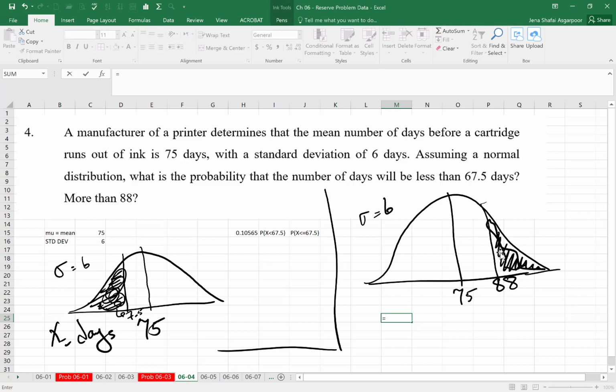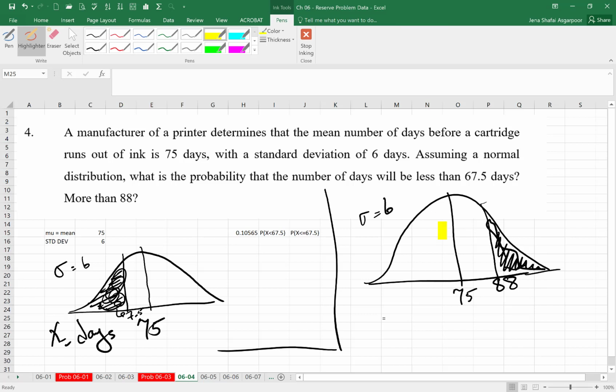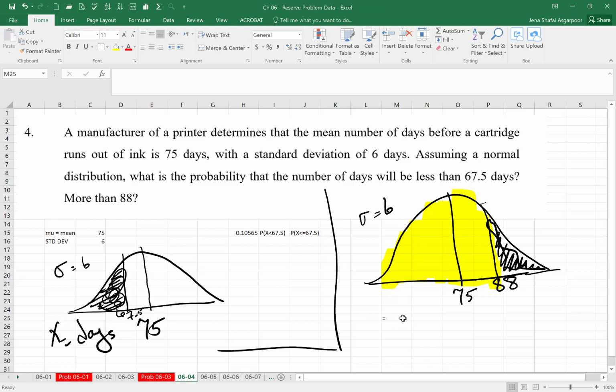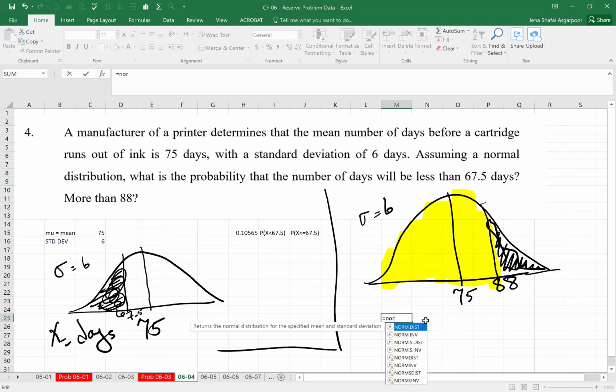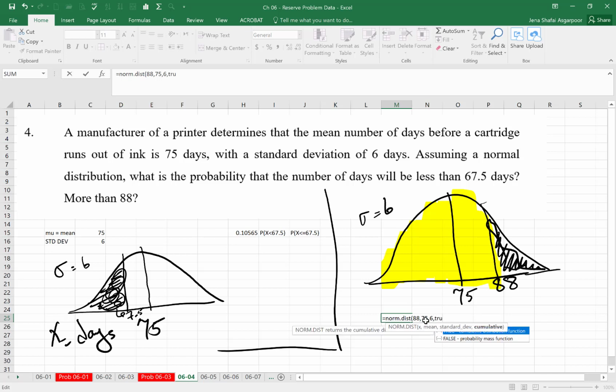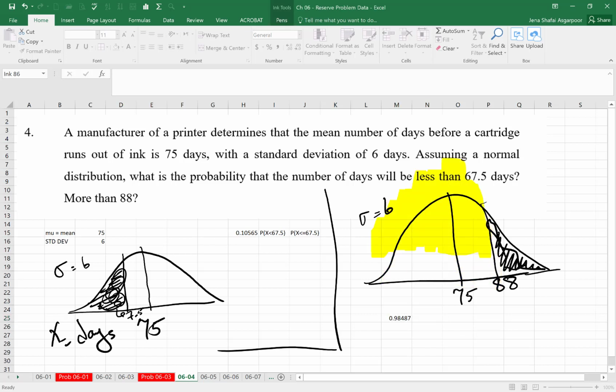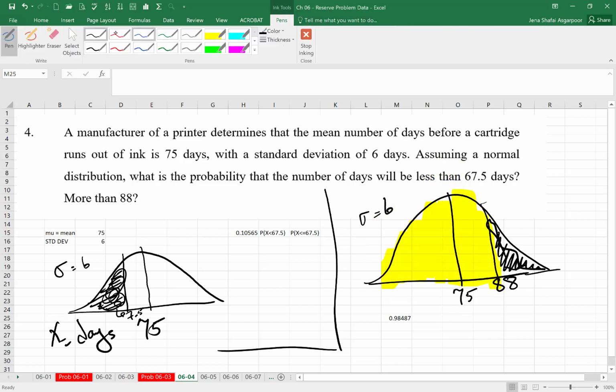Now here's where the area to the left of 88, we know we can find by this function, equals NORM.DIST 88, 75 is the mean, standard deviation is 6, and I can say true because I want the cumulative distribution all the way from negative infinity to this point right here.